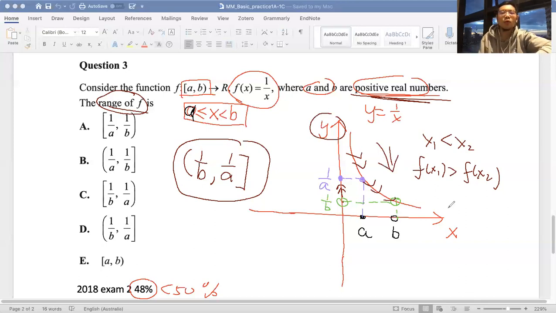So with this one, our range is not simply just plugging in the number, we have to reverse it. So instead of 1 over a to 1 over b, we have to use 1 over b to 1 over a. And I think this graph can help you understand these topics, okay? And understand what I'm saying.